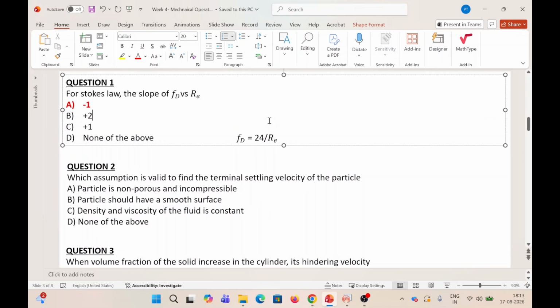I think this should be easy because we just now discussed what the assumptions are for finding the terminal settling velocity of the particle. Yes, anyone?